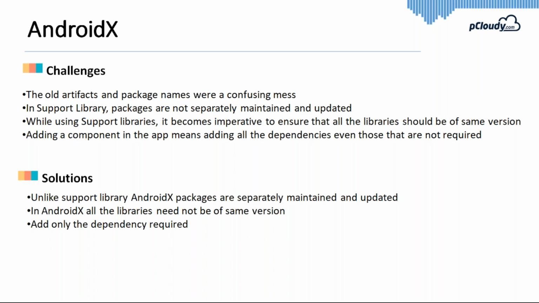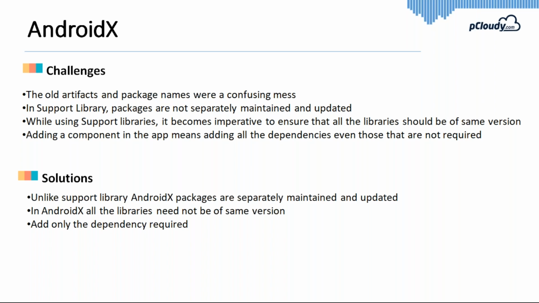Now, to address those challenges, Google has released AndroidX, which helps the developers do their coding in a very nice way. You can only add the dependencies which are typically required by your application. You don't have to add the whole dependencies or whole libraries which are available in the support library, right?